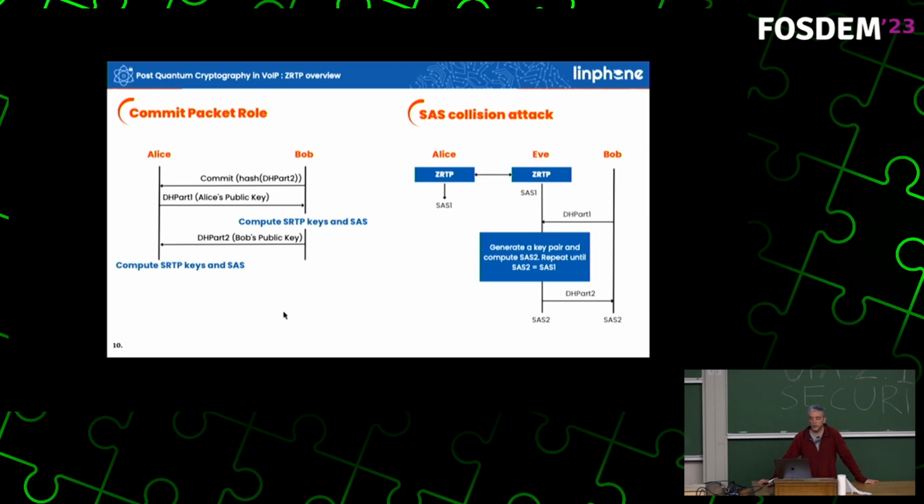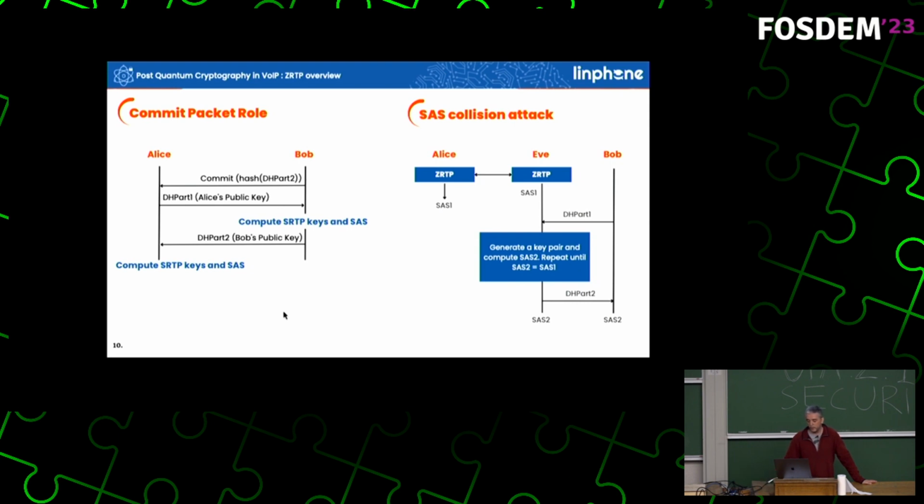She gets the SAS, and then she receives Bob's public key. When she gets Bob's public key, she can generate a huge set of key pairs until she finds a SAS that collides. The SAS is only 20 bits, so if you generate 1 million keys and try all of them, you will for sure find a collision of the SAS.